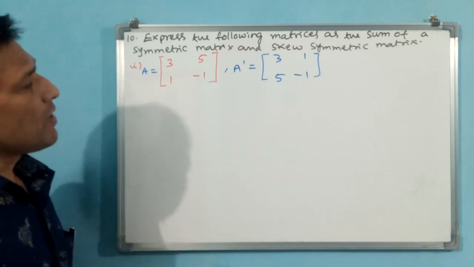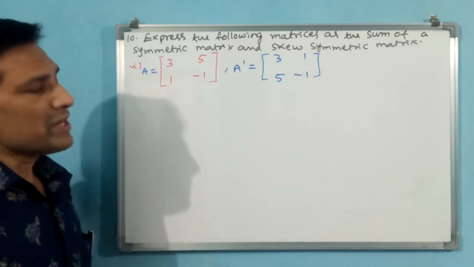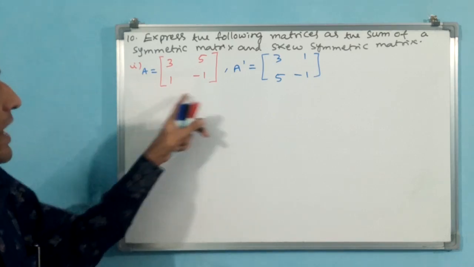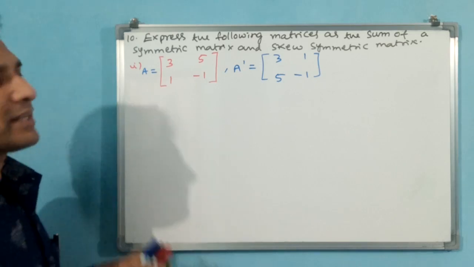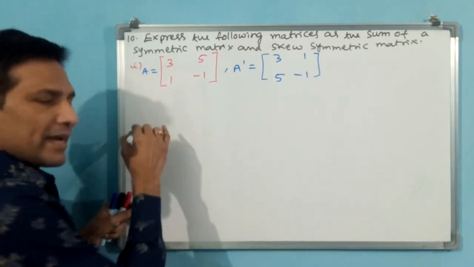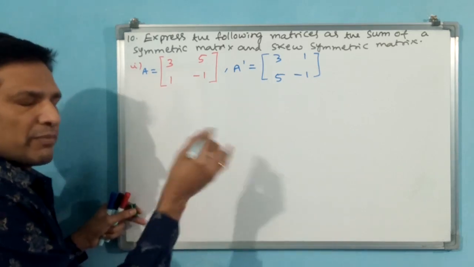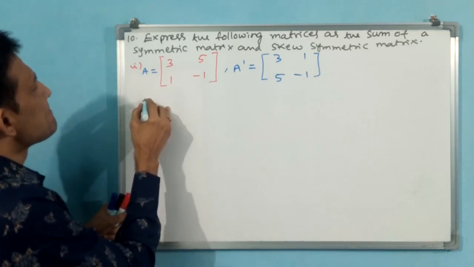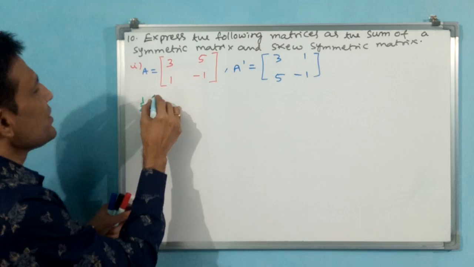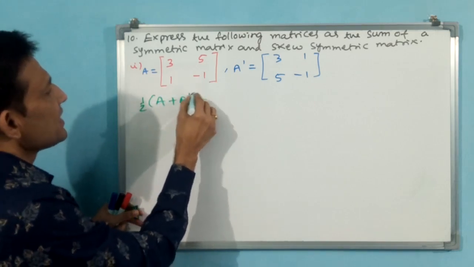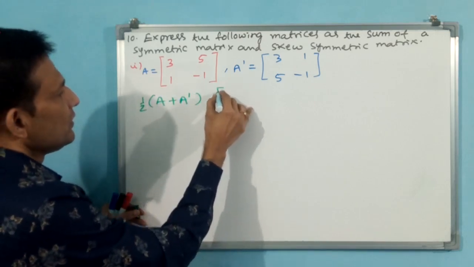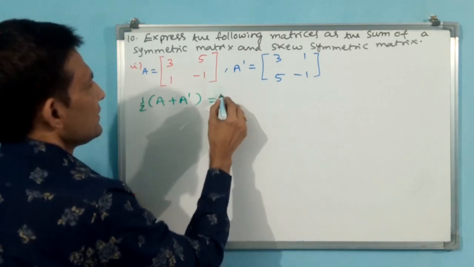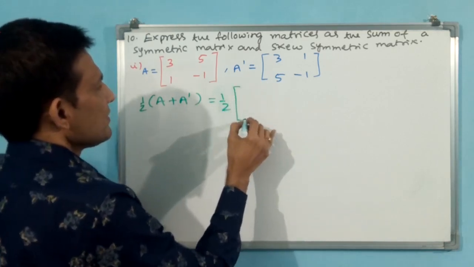Now what we have to do? Sum of symmetric and skew symmetric matrix. See how you are going to show. First you add these two, then symmetric matrix is going to come. And again you have to multiply with 1 by 2. Let us do it. 1 by 2 into A plus A transpose is equal to, first 1 by 2 you keep outside. Why?